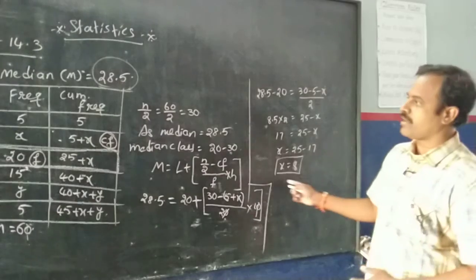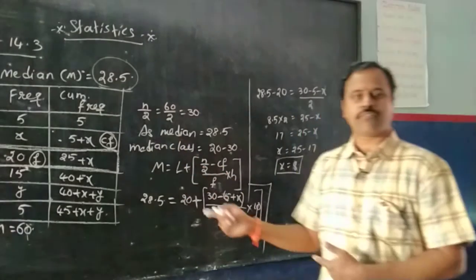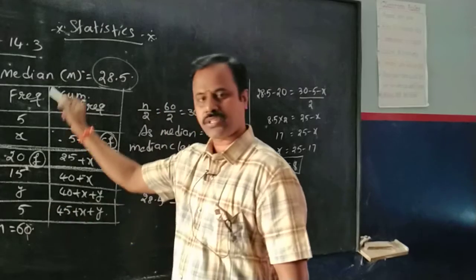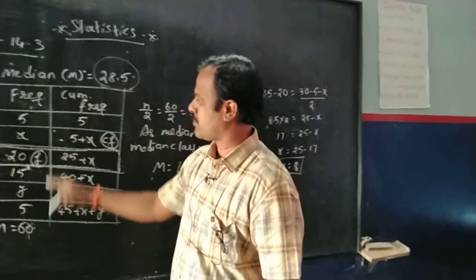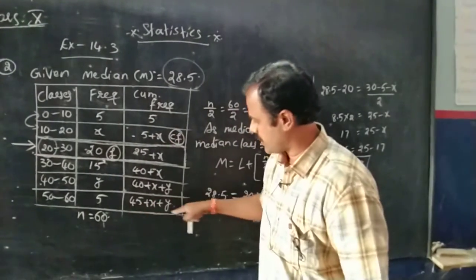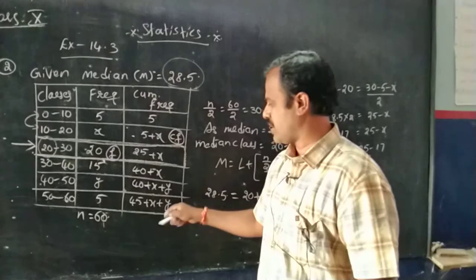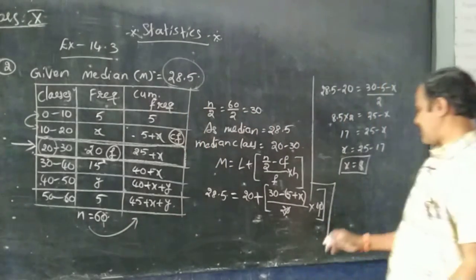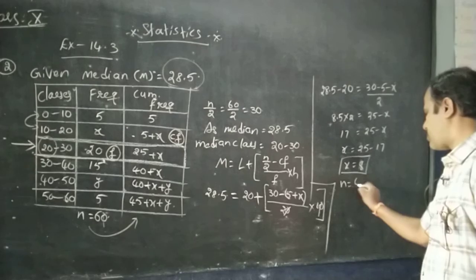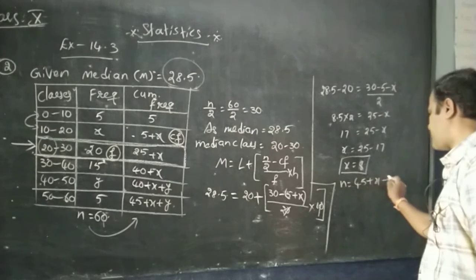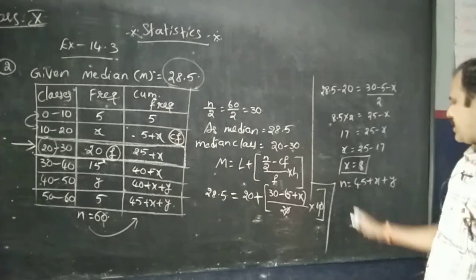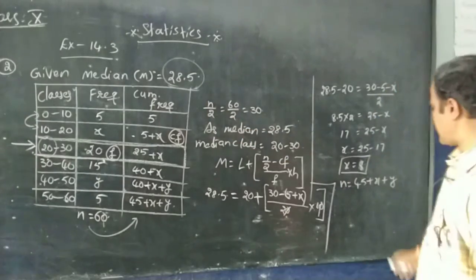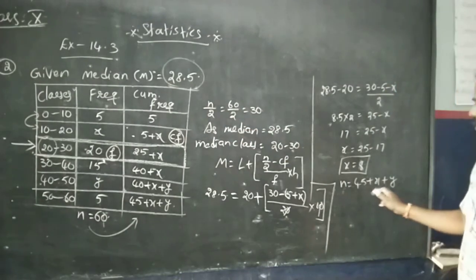We need to find y also here. How could we find y? Observe carefully. You have to add all the frequencies, which gives 45 plus x plus y. This is nothing but equal to N. So N is equal to 45 plus x plus y, where N is given as 60 and x is 8.